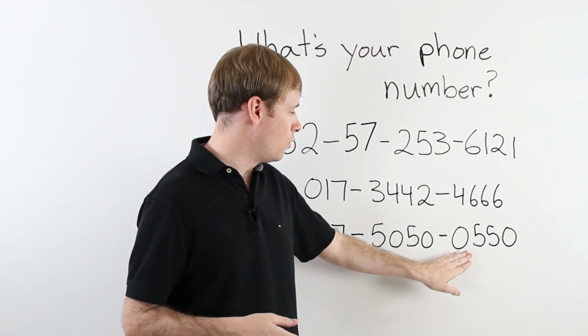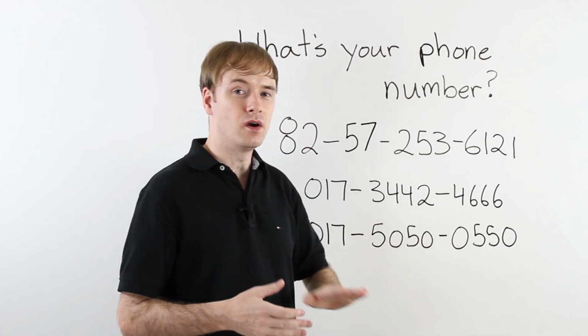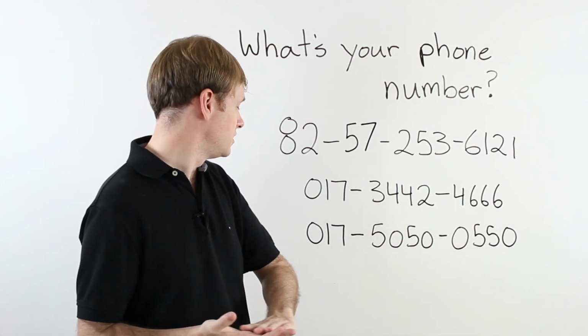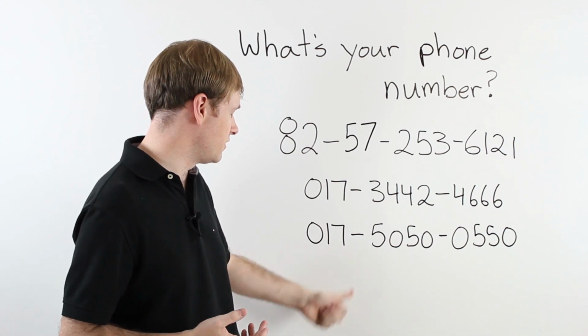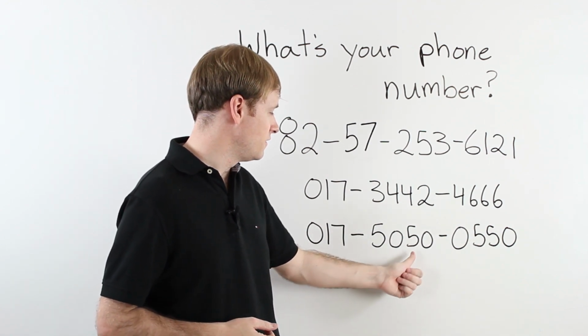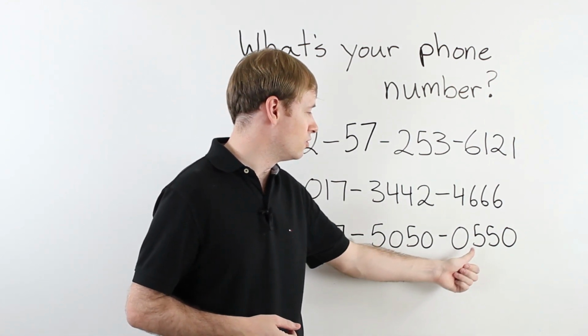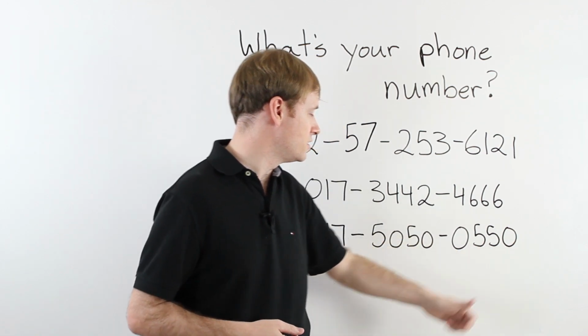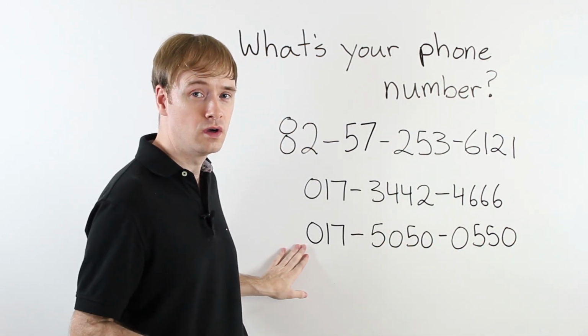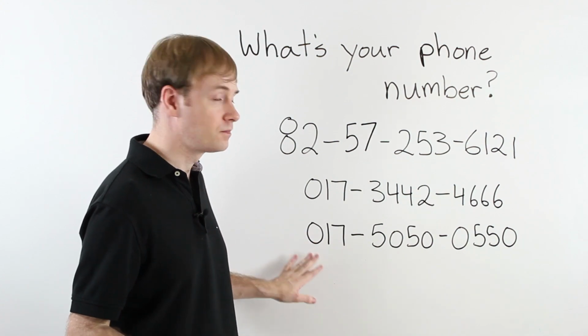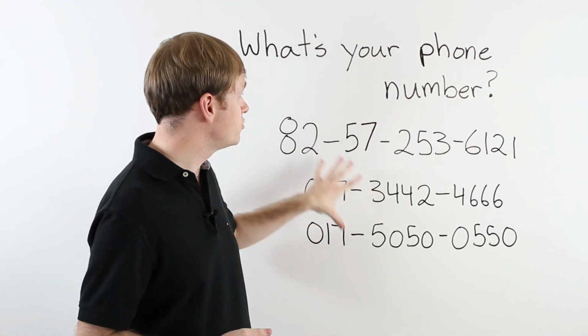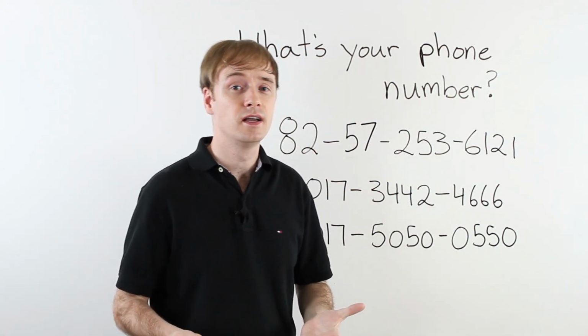If you don't want to be confused, you could say 017 50 50 0550. So again, you can say O or 0. All right, so that's how to express a phone number.